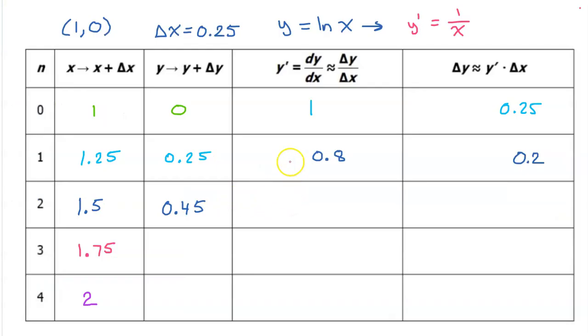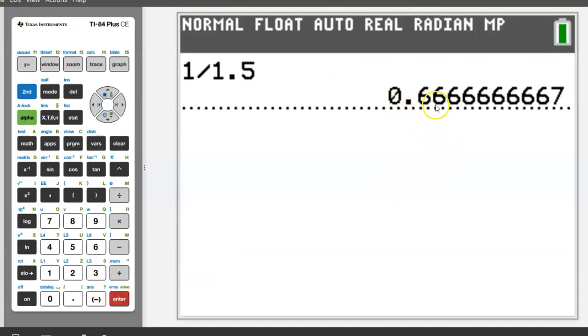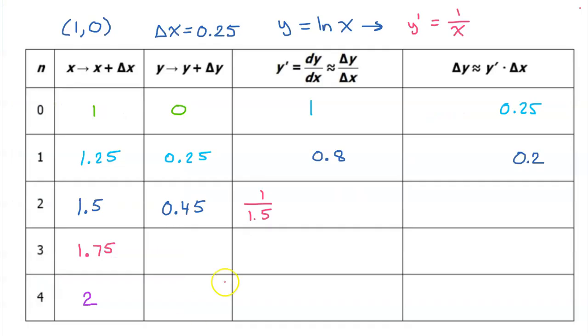Let's do it again. Y prime at 1.5 is 1 over 1.5. That's 0.667-ish. Alright, I'm going to keep all of those decimals on the next step.